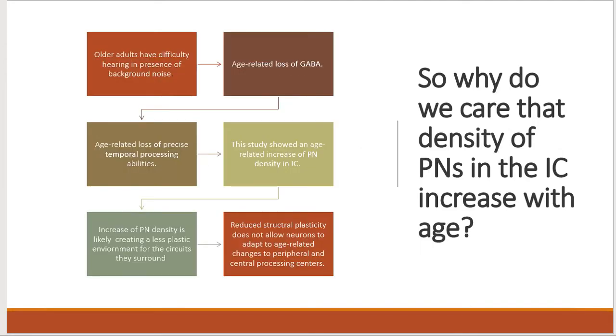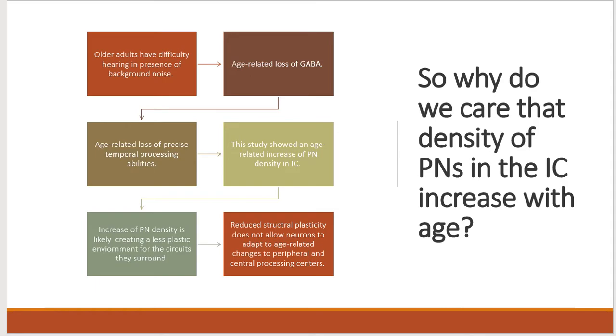So why do we care that the density of the PNs in the IC increase with age? Well, we know that the elderly and older adult populations often experience difficulty hearing in the presence of background noise, and we learned in last week's lecture on aging about the age-related loss of GABA, the inhibitory neurotransmitter.